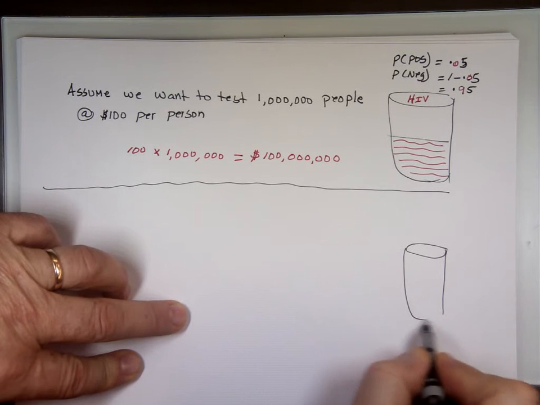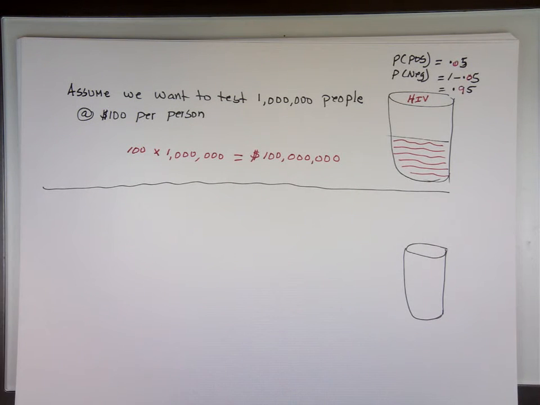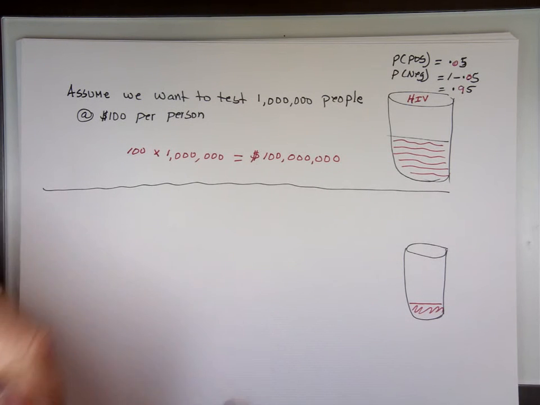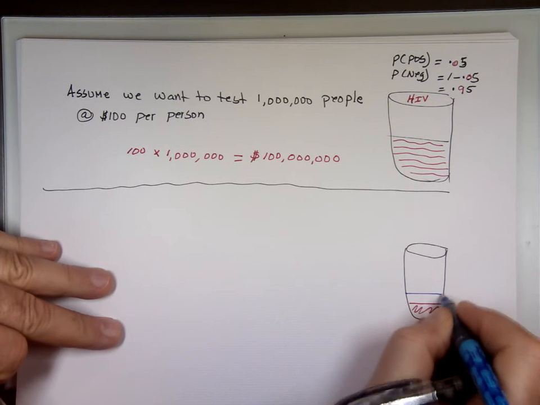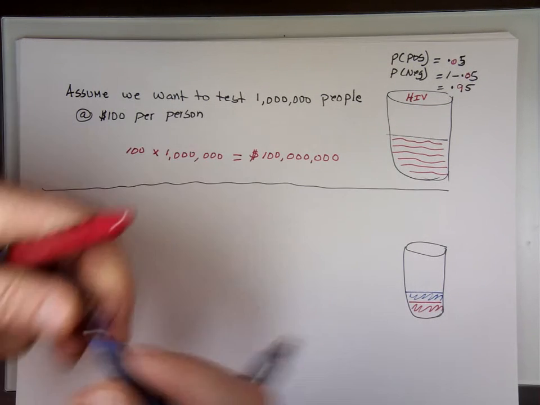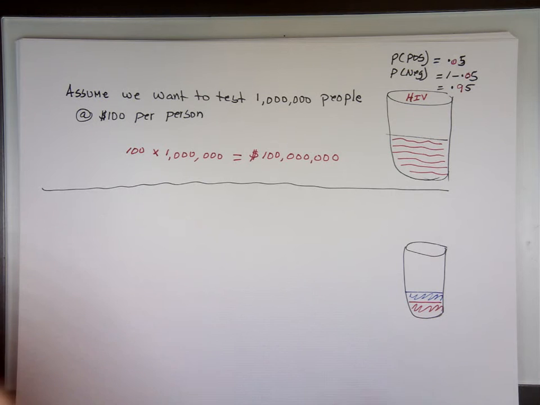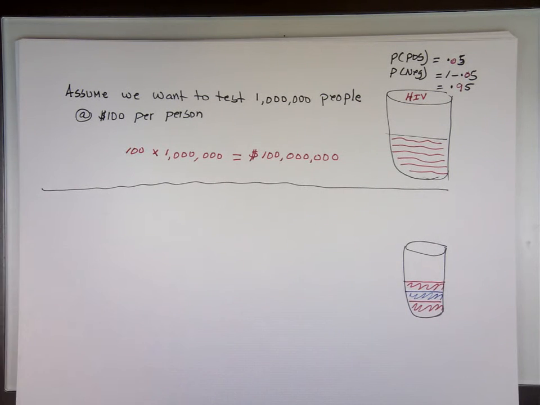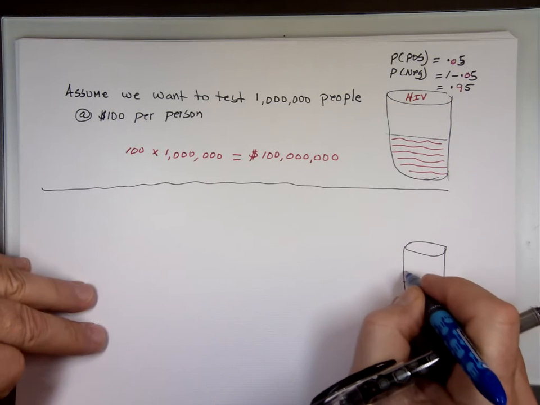So there's the first person. This is the second person's blood. This is the third person's blood. By the way, this is how it's done on a large scale. And this is the fourth person's blood. We mix them all in one tube and we test them.